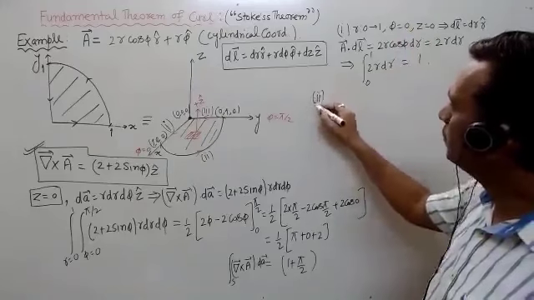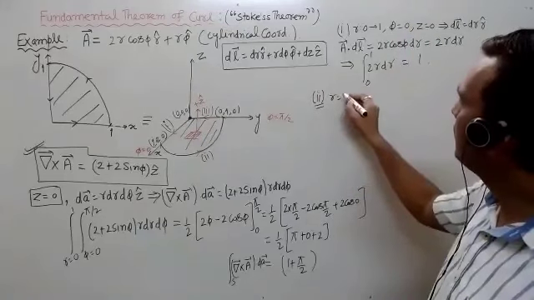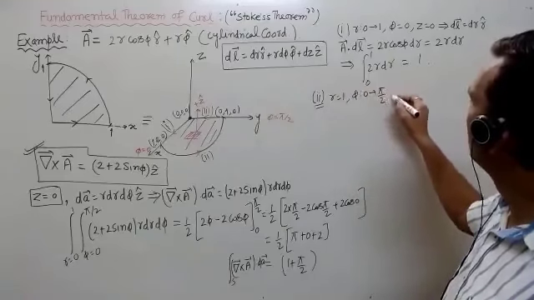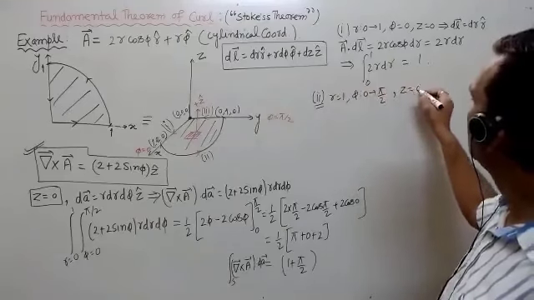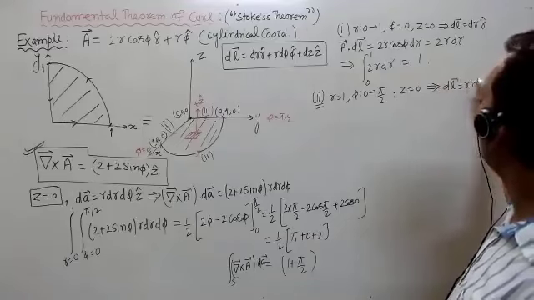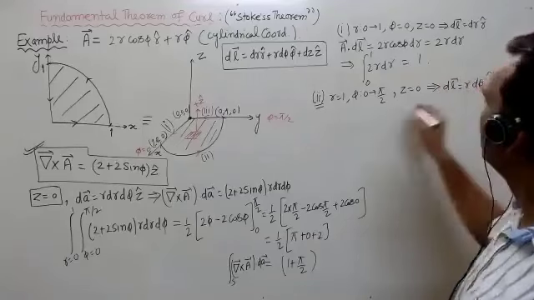Now segment 2: r is 1, phi is 0 to pi by 2, and z is 0. So dl will be r d phi phi cap.